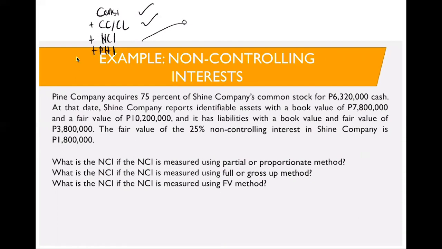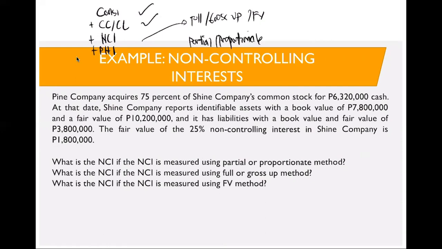A while back when we first discussed, we said that your NCI can be measured in two ways: either your full or gross up, or your fair value method, and then we have your partial or proportionate.